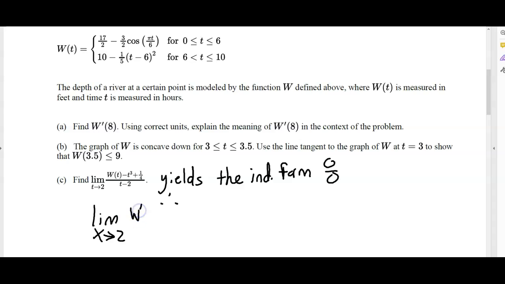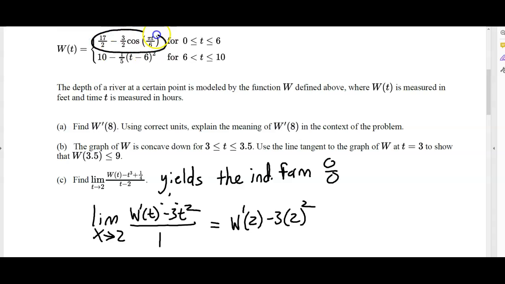So it'll be w prime of t minus 3t squared. The 1/4 goes away, and the bottom is just 1. And now we're going to do direct substitution again, but this time with the derivative there. So we need to find w prime of 2. So we need to find the derivative of the top and plug stuff in.